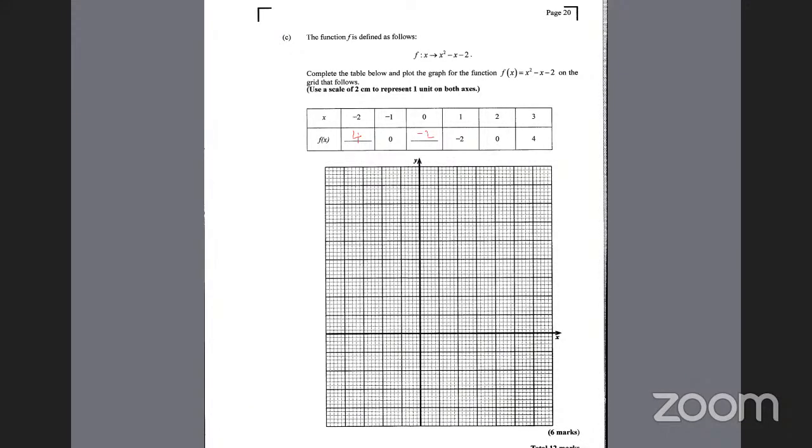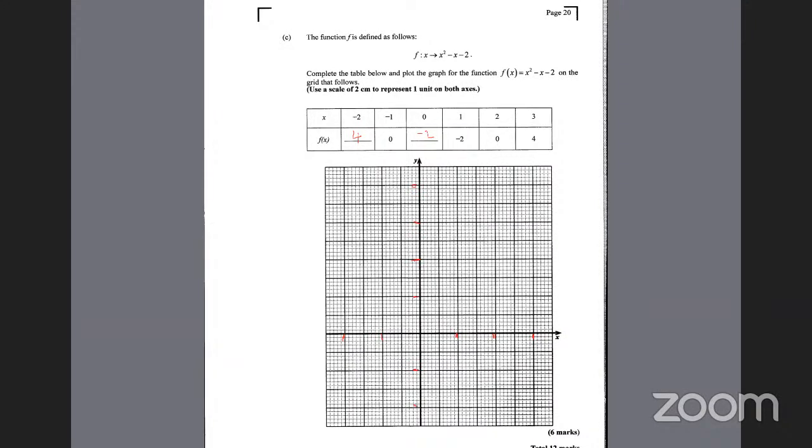Okay, nice. So you plug it in using a scale of 2. I'll set up this whole scale. 2 centimeters to 1, right? So that's 1, 2, 3, 1, 2, 1, 2, 3, 1, 2. So let's plot it quick.